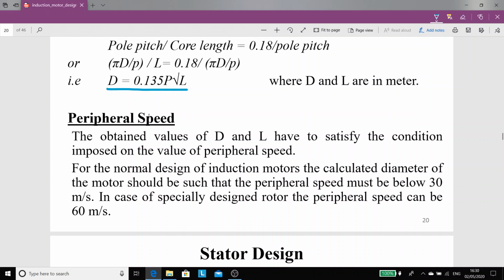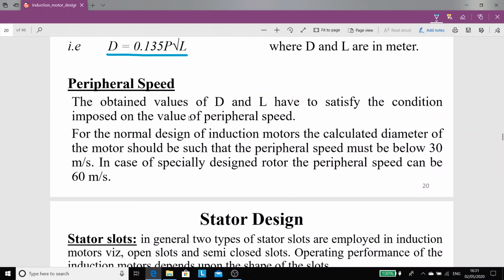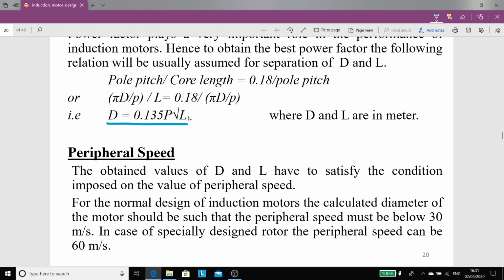Instead of operating at the best power factor, we want to design a motor with minimum cost, and accordingly you try to calculate these same two dimensions, D and L, for the same motor. So this is your assignment, so try to solve it, and we will come back in the next video, in which we see the details of stator core design. So thank you.